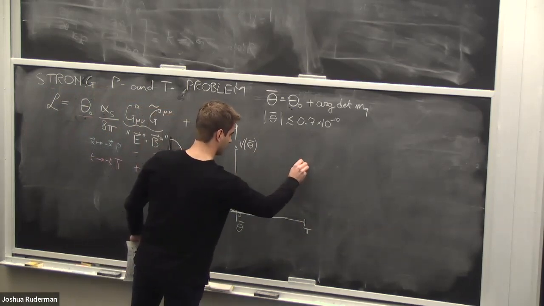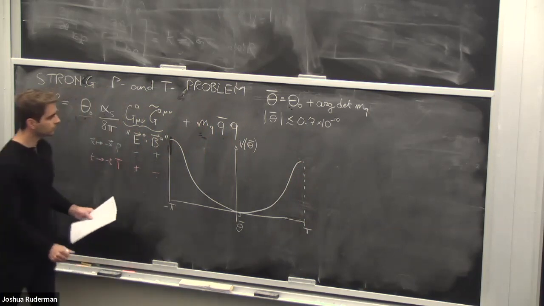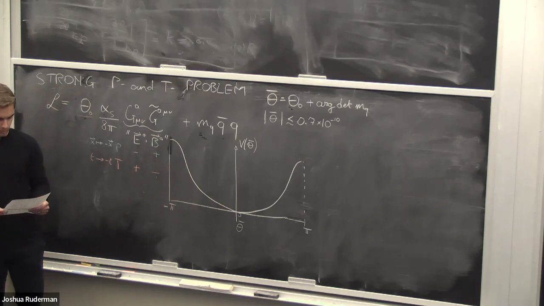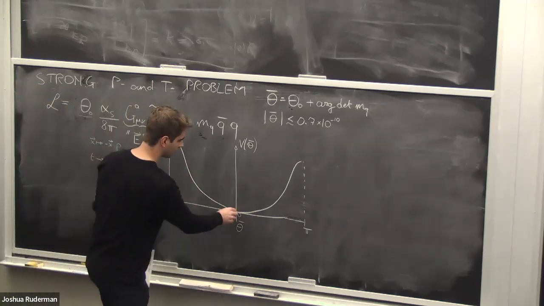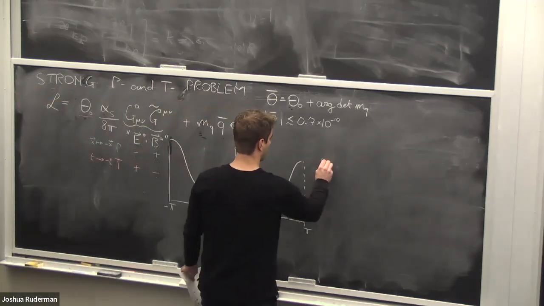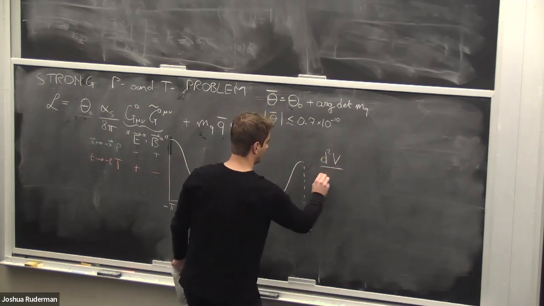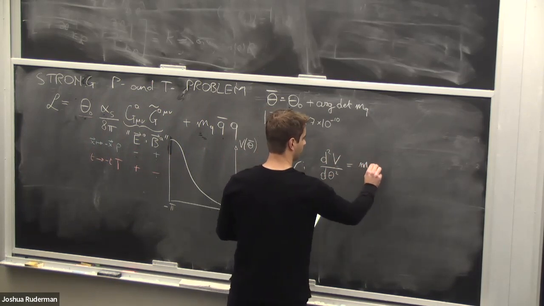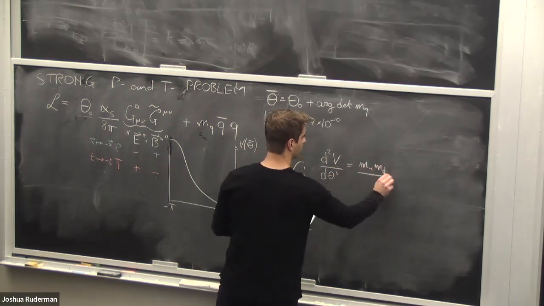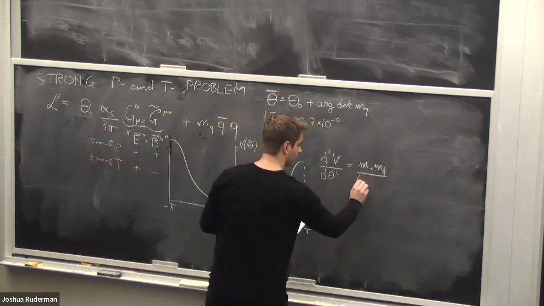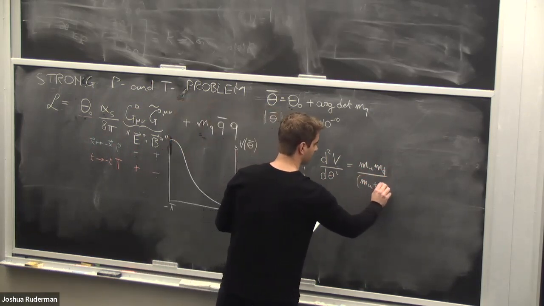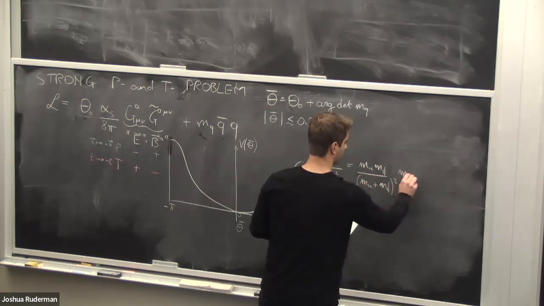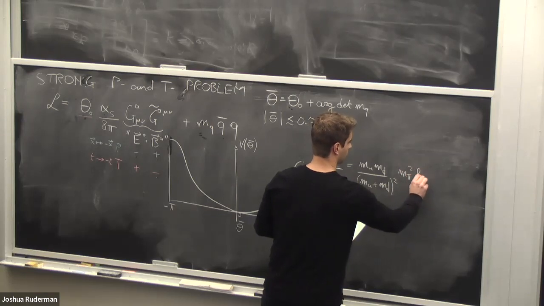It's not quite a cosine, but you can calculate this whole potential to about percent level precision. So for example, you can calculate the curvature here at the bottom. The curvature here at the bottom you can calculate as m_up times m_down, so the up quark mass times the down quark mass, divided by the square of the sum of the masses, and then times the pion mass times the pion decay constant.